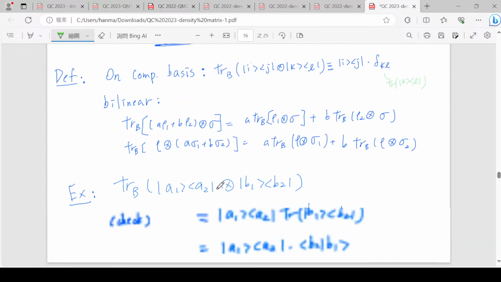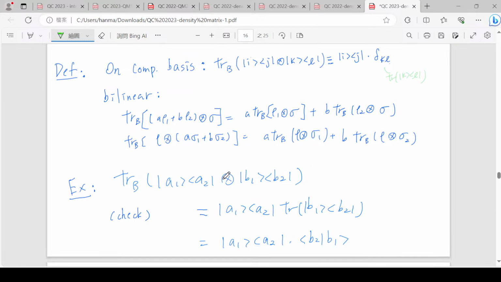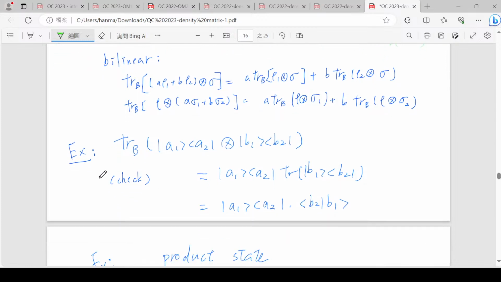So if you have those non-entangled states, then you have this matrix |A1⟩⟨A2| tensor |B1⟩⟨B2|. Then you do the partial trace, you are just tracing on the second part, and then you get this |A1⟩⟨A2| matrix here, and then you just get the B2 inner product with B1.